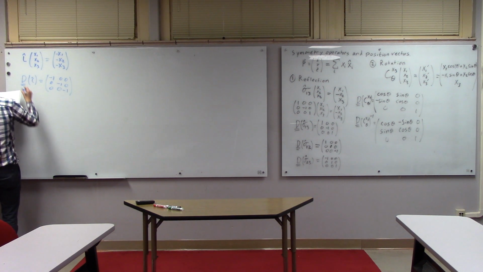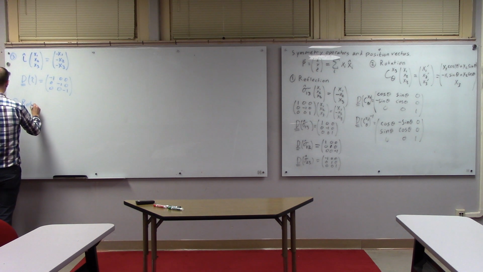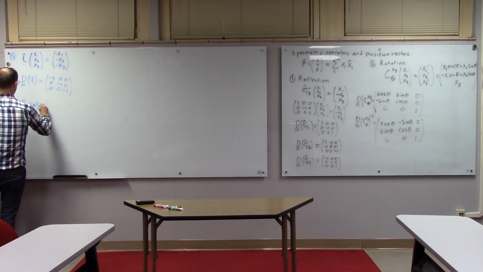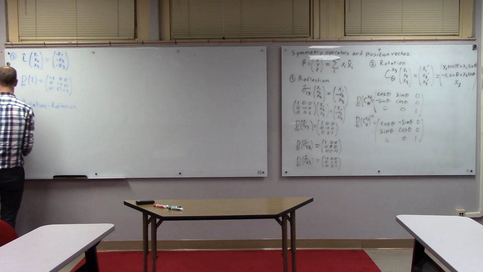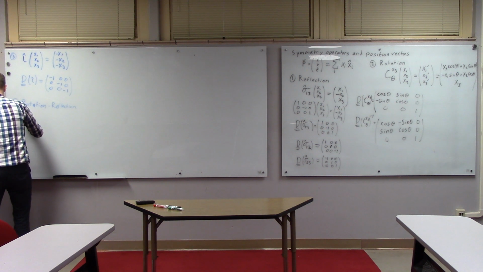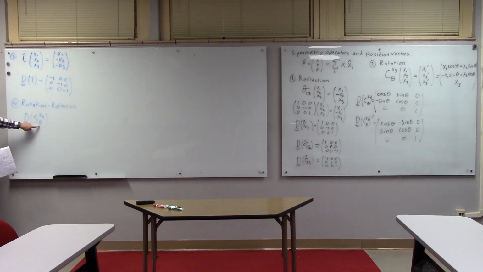Okay, the next one, so this is inversion, and then the next one is the rotation reflection, right? The improper rotation. So if you have an improper rotation, S theta x3, right? So this rotates by an angle theta about the x3 axis, and then does a reflection in the plane that is perpendicular to the rotation.